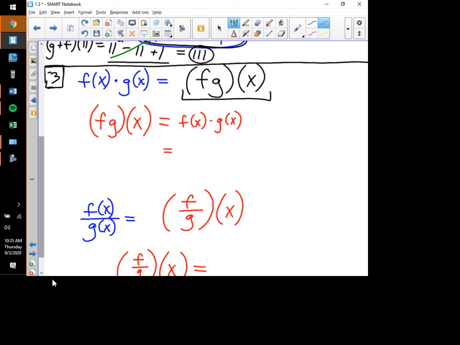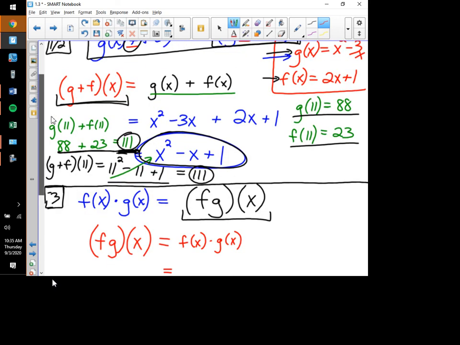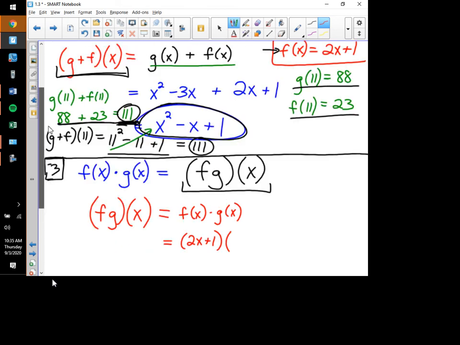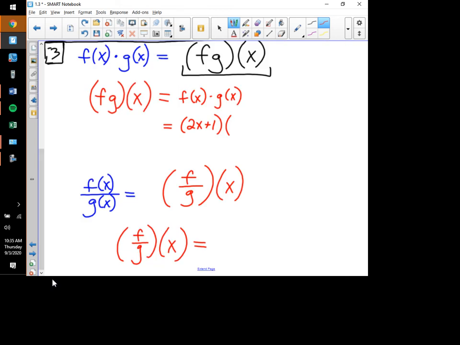Well, we already knew that the explicit definition of f of x was 2x plus 1. The explicit definition of g of x was x squared minus 3x. And now again, you don't need to be told this, we're going to have to FOIL that out to simplify. The 2x times the x squared is going to get us a 2x cubed.